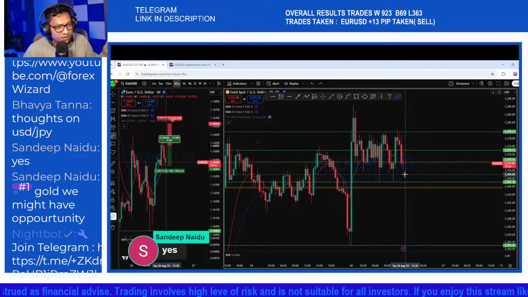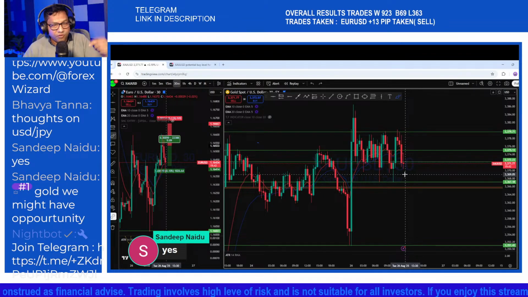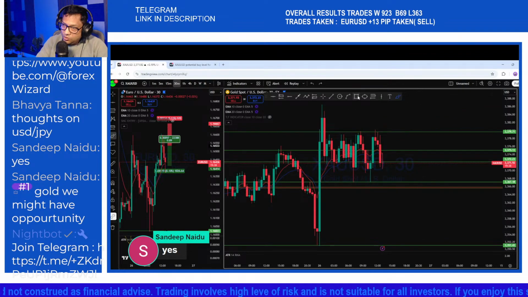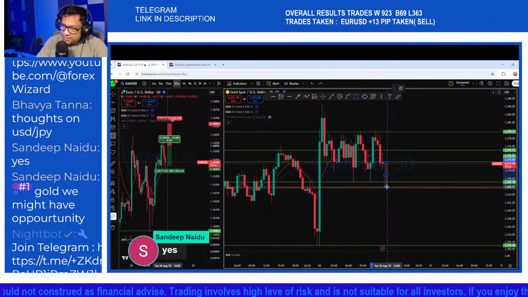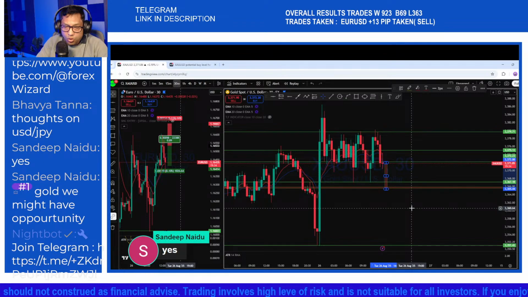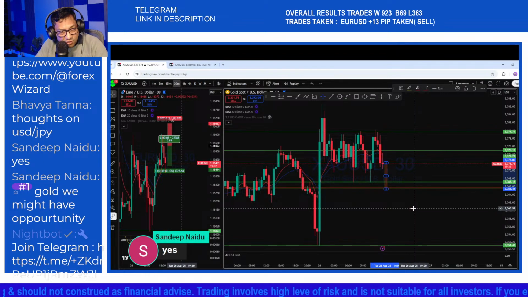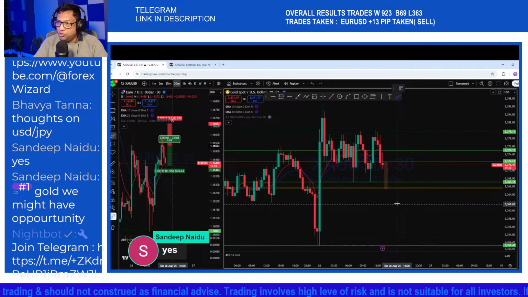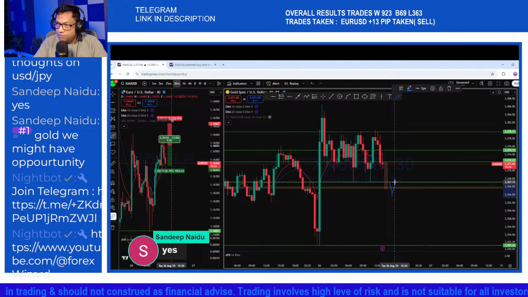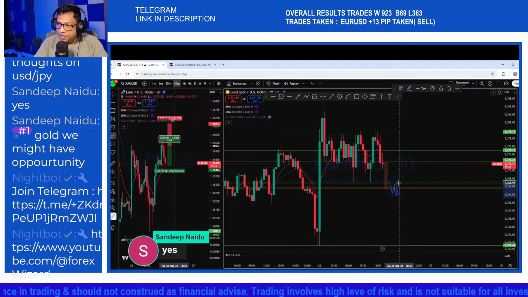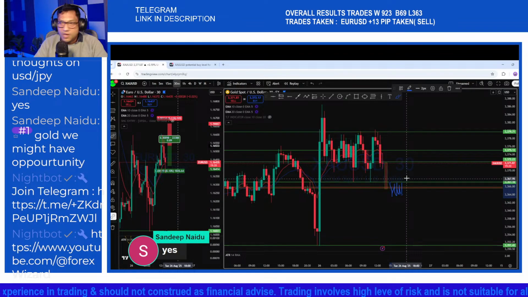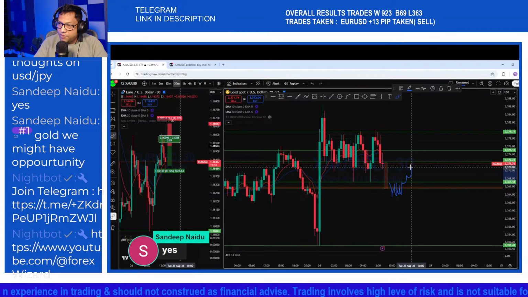So in what situation is it a good buy? A good buy for this market is when you see a red candle close back below. You see that candle close philosophy? Then what you need to see is a consolidation, a false breakdown, and then the market prepared to move.